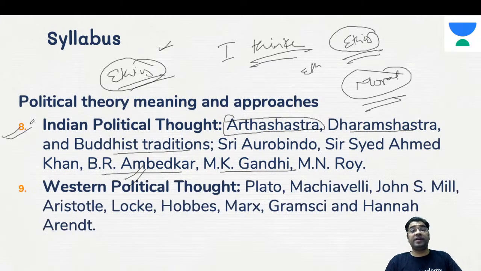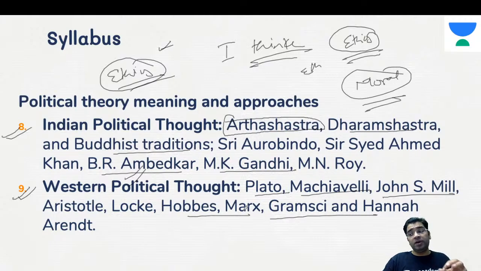The next, which is very interesting, is Western political thought. We will start our classes with Western political thought. First, we will see what Plato says. So these are political thinkers from ancient Greece, then Machiavelli, a modern thinker, then Mill, Aristotle. If you are reading these names for the first time, you must be finding them very out of the box.